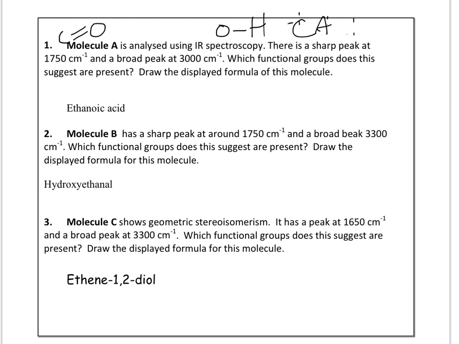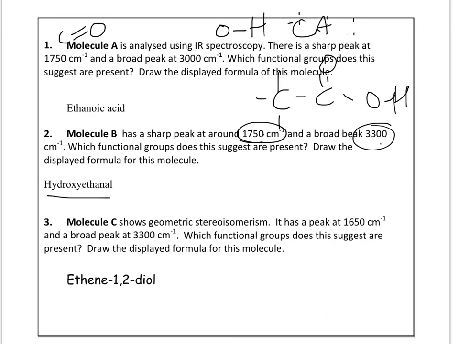And it has the correct molar mass to be ethanoic acid. Next we've got 1750 wave numbers, but 3300. That's an OH alcohol. That is a carbonyl. So the answer is hydroxy ethanal, which looks like this.